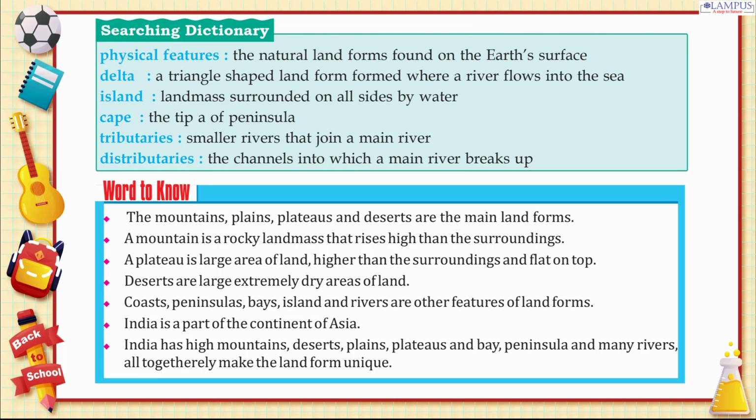Coasts, peninsulas, bays, islands and rivers are other features of landforms. India is a part of the continent of Asia. India has high mountains, deserts, plains, plateaus, bays, peninsula and many rivers, all together make the landform unique.